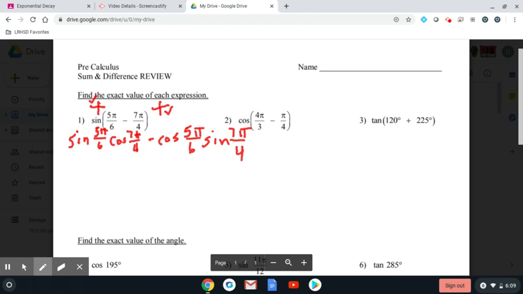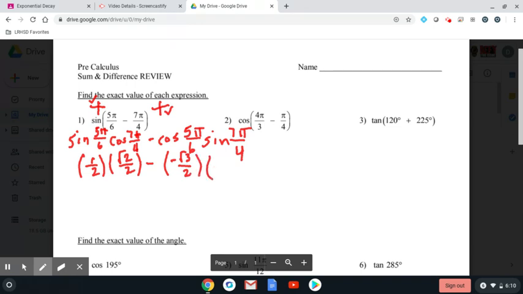Sine of 5 pi over 6, we know this is going to be a positive 1/2. Cosine of 7 pi over 4 is going to be a positive root 2 over 2. Drop down my minus sign. Cosine of 5 pi over 6 is going to be a negative root 3 over 2, since I'm in quadrant number 2.